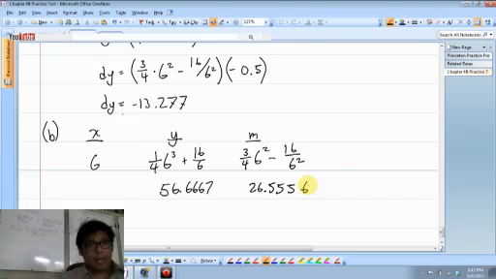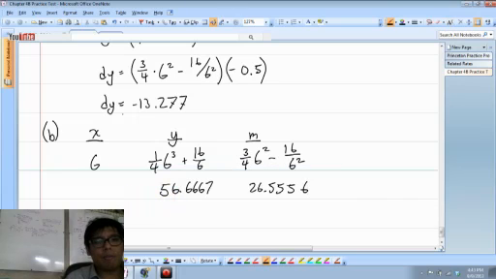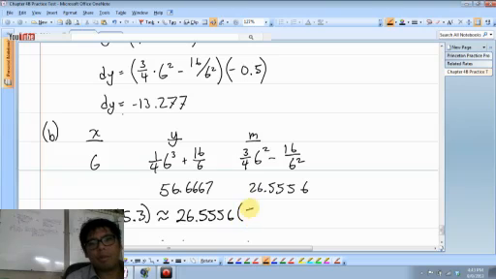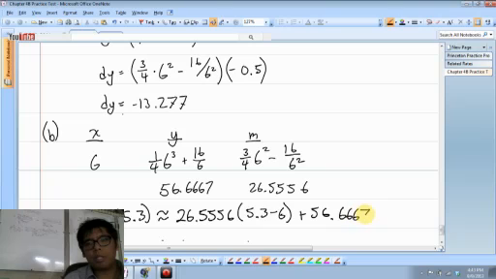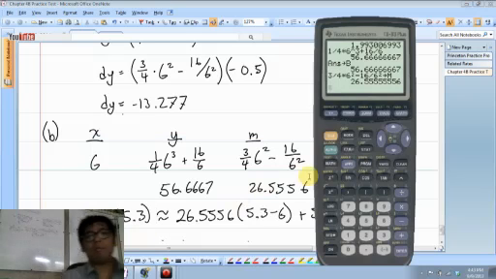All right, and let's calculate then g of 5.3 can be approximated by 26.5556 times 5.3 minus 6 plus 56.6667. Where you write it down, but you don't actually calculate. I'm going to do that now.